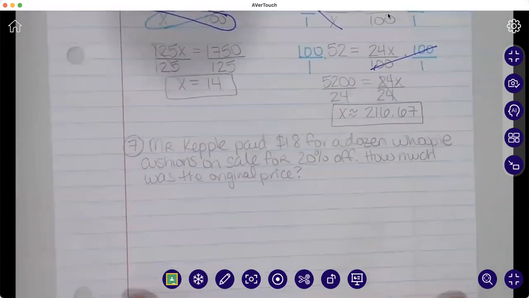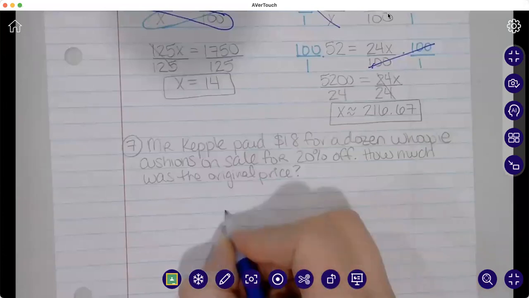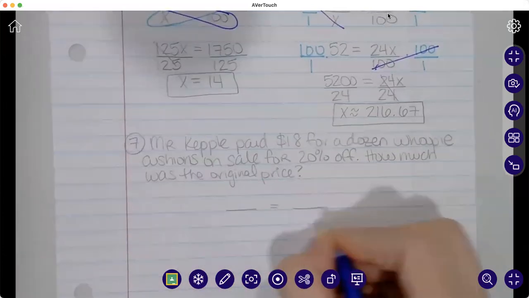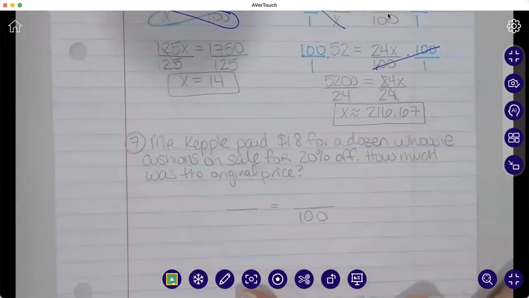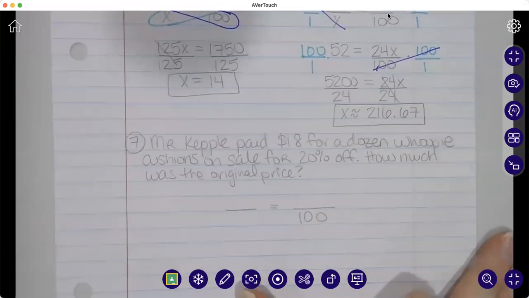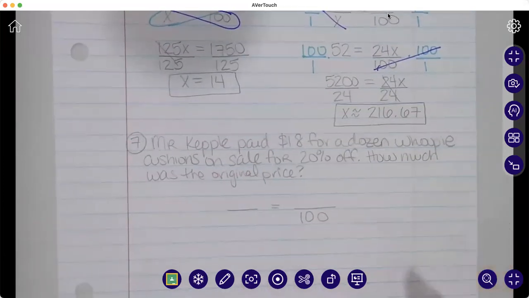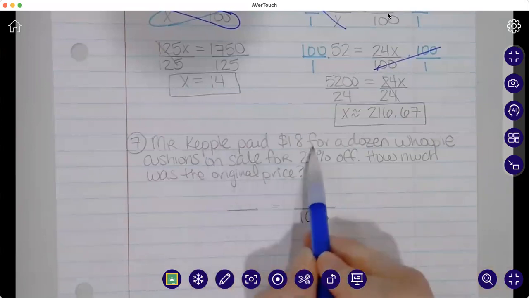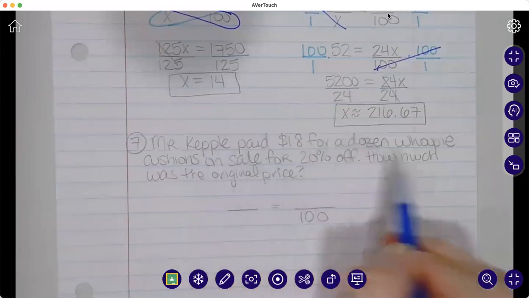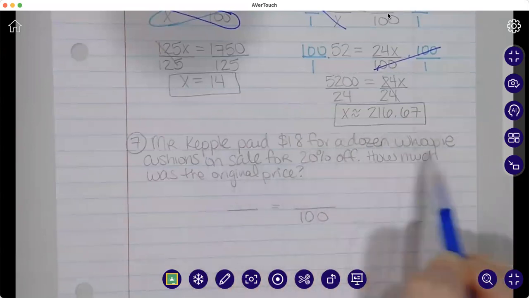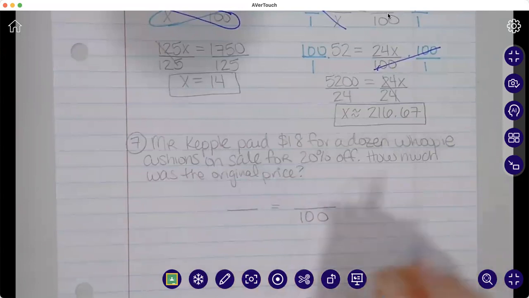Okay, so let's set up our percent proportion. Mr. Keppel paid $18 for a dozen whoopee cushions. Now the dozen just refers to what he's buying. It doesn't actually affect what we're doing in here.